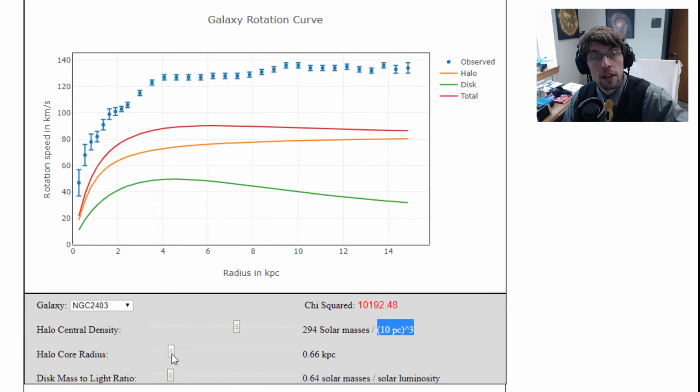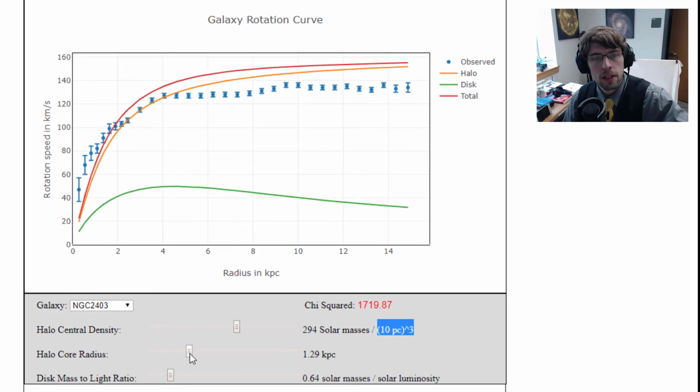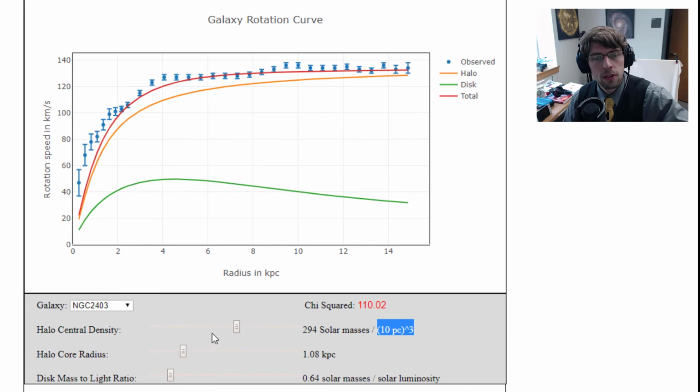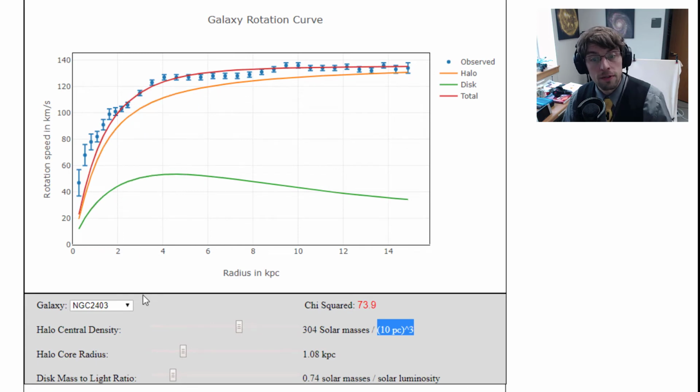match the observations. So now I'm just playing with the slider bars. Okay, that's too much. That's not enough. So you can kind of get a sense of playing with the slider bars and comparing it to the observed data, roughly how much additional material that we don't see is actually needed to match our observations of the speed at which the galaxies rotate.